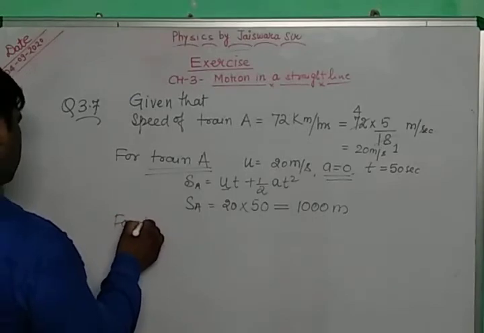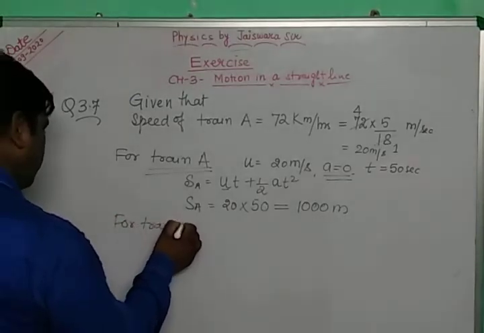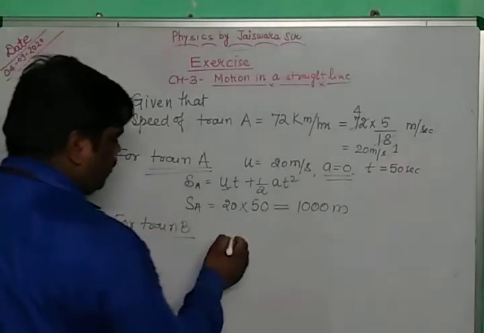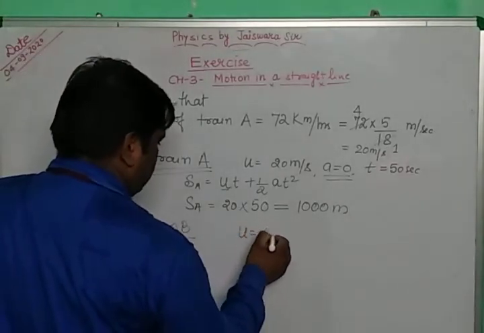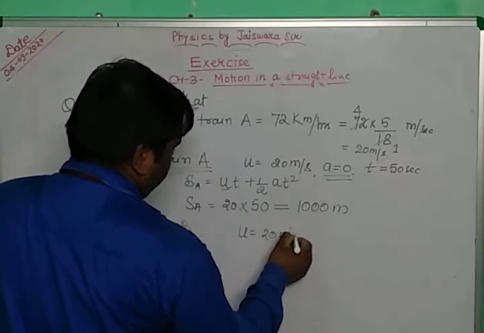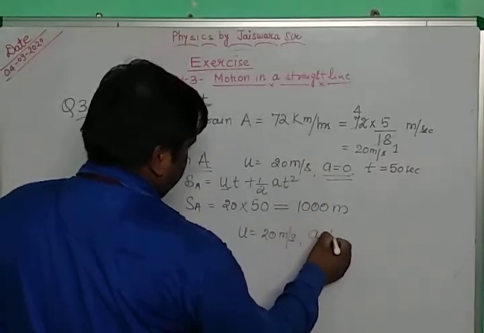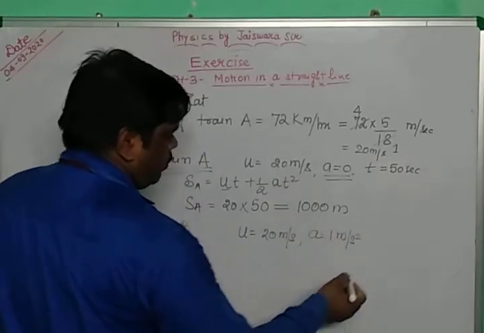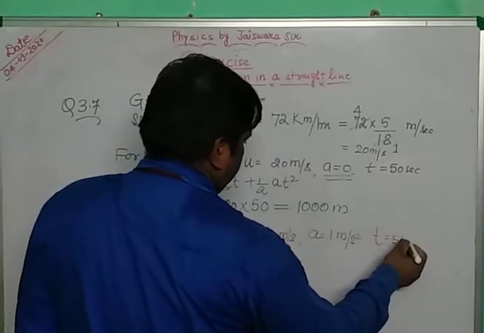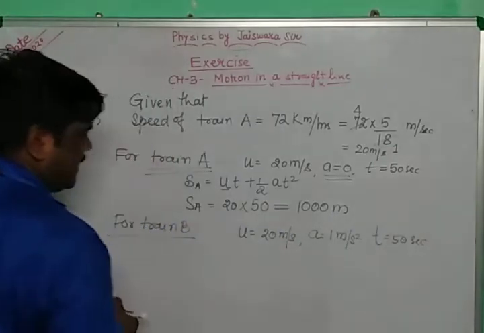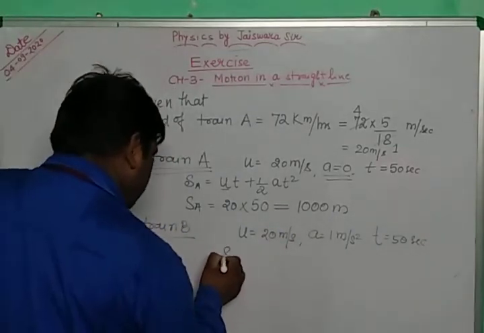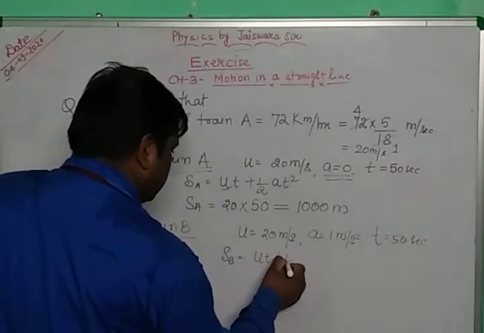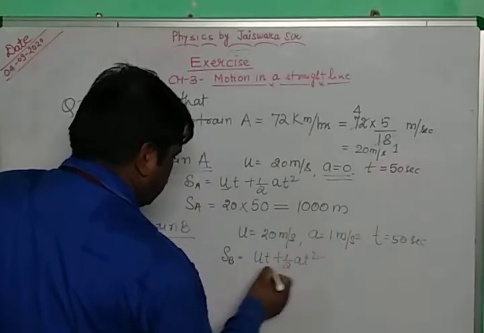Similarly, for train B, there is an acceleration. U is again 20 meter per second, a is 1 meter per second square as per the question, and t is again 50 seconds. Again you have to use the same formula, ut plus half at square.